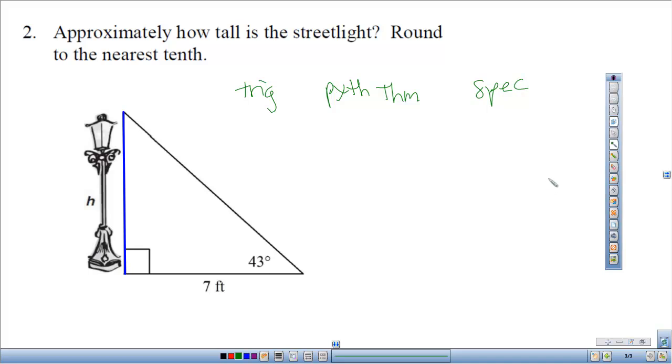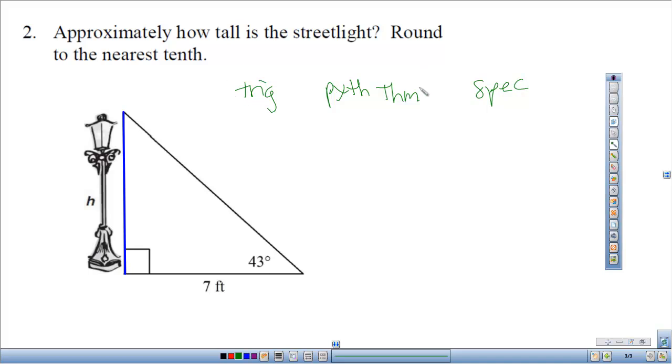What you need to be able to do is see a problem on the test and figure out which one of these 3 things you need to do.